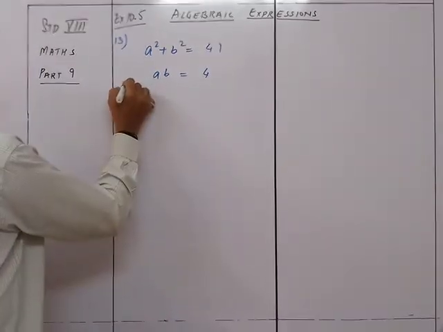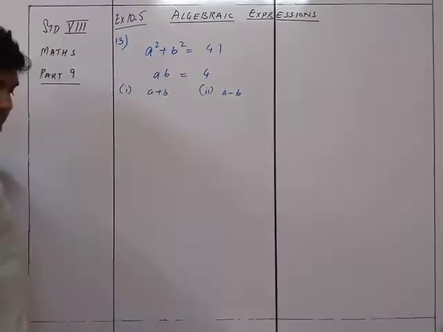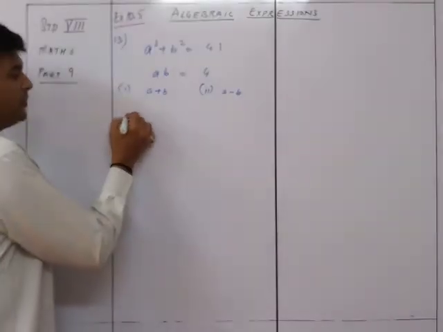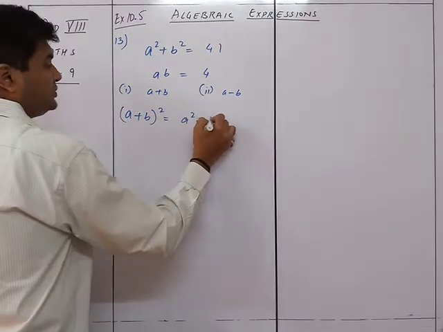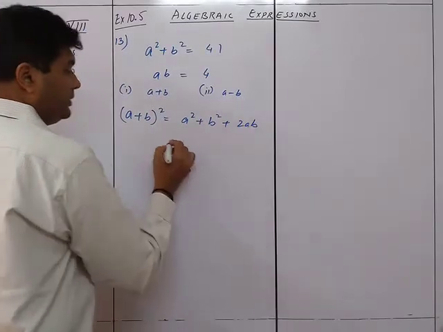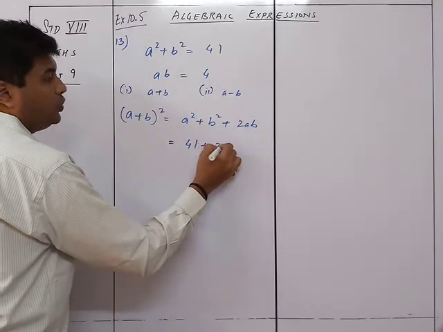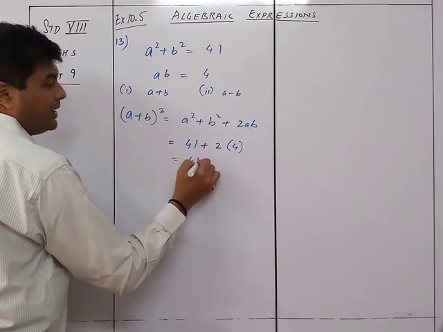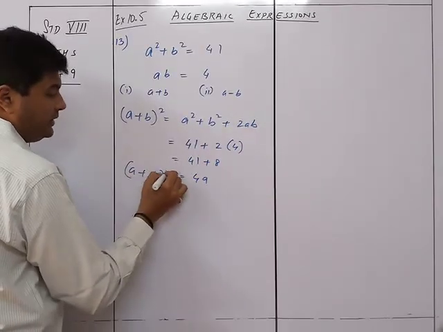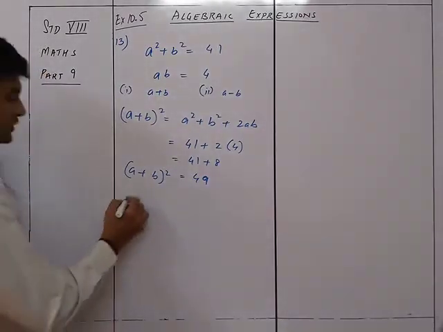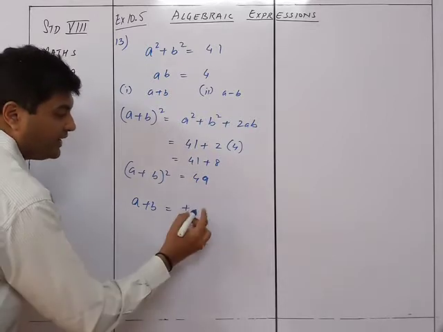You have to find first a plus b, second a minus b. Use the same formula. a plus b the whole square is a square plus b square plus 2ab. a square plus b square is 41, so it is 41 plus 2 into 4. So that's 41 plus 8. That's 49. So a plus b the whole square is 49. Therefore a plus b is equal to plus or minus root 49, which is 7.